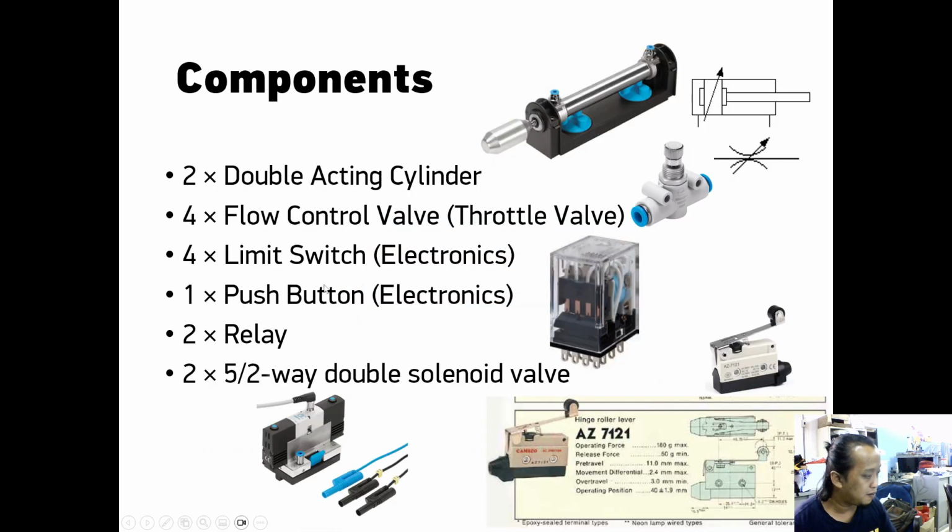The components that we are using are two double acting cylinders, two flow control valves, or we can say throttle valves, four limit switches, which are electronically operated, and one push button, also electronically operated, and two relays, and two 5x2-way double solenoid valves, also electronically operated like this one.